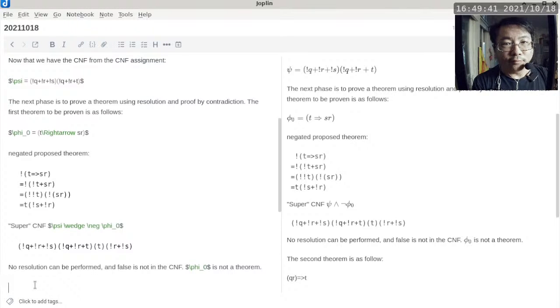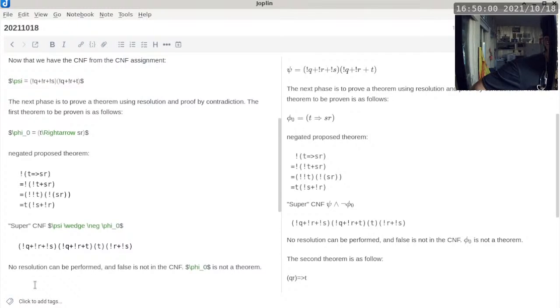It is simply saying phi null does not follow from psi. It is not saying phi null is not true. It is not a theorem, but just because it's not a theorem does not mean the expression is always false. There's a big distinction between those two.